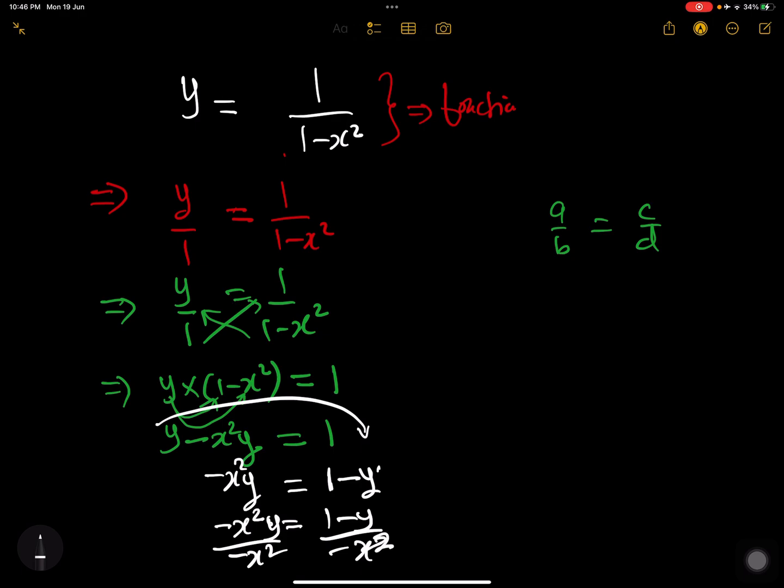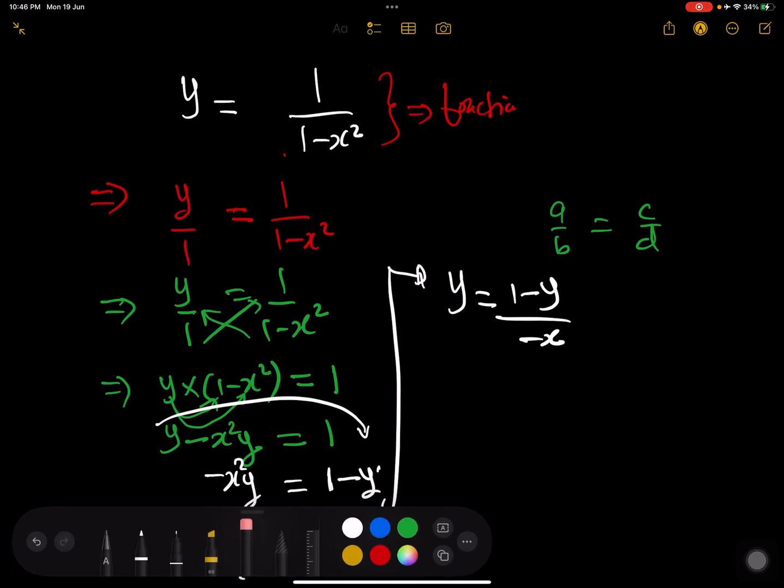And when we do that, this cancels out, and then we have y is equal to 1 minus y divided by minus x squared. But I think we're looking for, sorry, let me take it again.